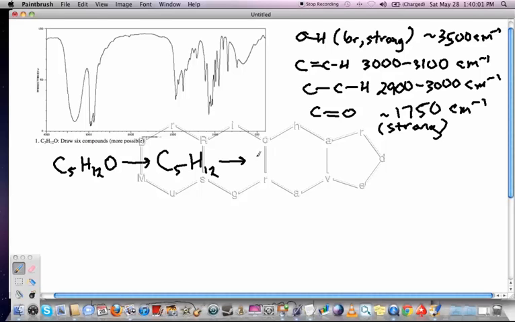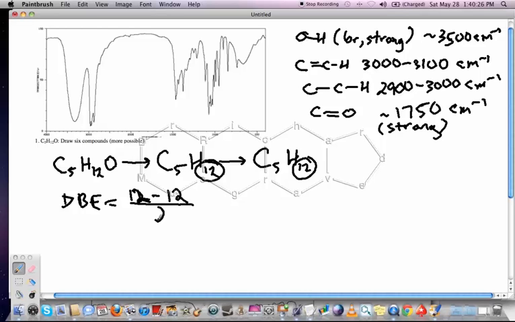Then we figure out what it would be if it was saturated, and it'd be C5. 5 times 2 plus 2 is 12, so it would be 12 here as well. So that's the saturated hydrogens. Here's the effective hydrogens here. So the number of double bond equivalents, DBE, equals 12 minus 12 divided by 2 equals 0.